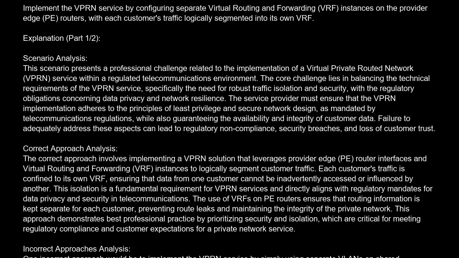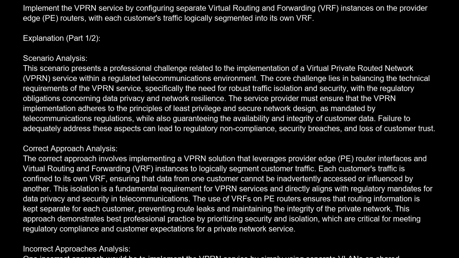This isolation is a fundamental requirement for VPRN services and directly aligns with regulatory mandates for data privacy and security in telecommunications. The use of VRFs on PE routers ensures that routing information is kept separate for each customer, preventing route leaks and maintaining the integrity of the private network. This approach demonstrates best professional practice by prioritizing security and isolation, which are critical for meeting regulatory compliance and customer expectations for a private network service.